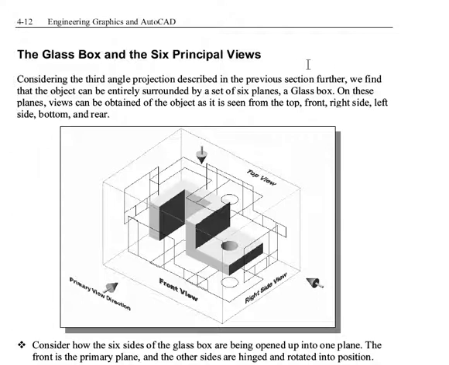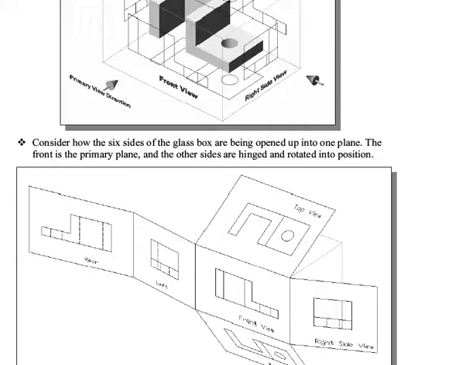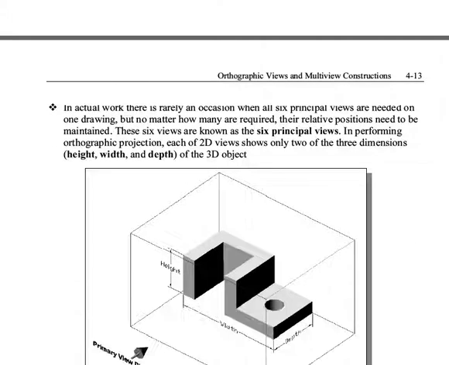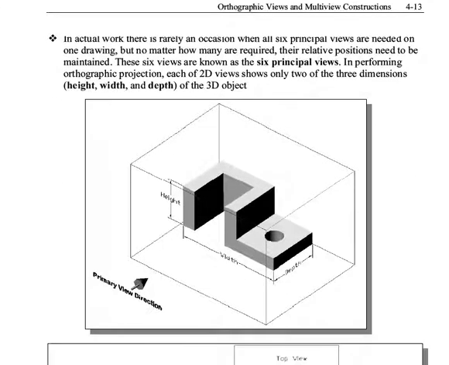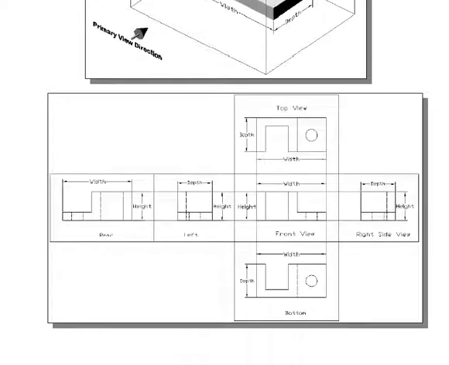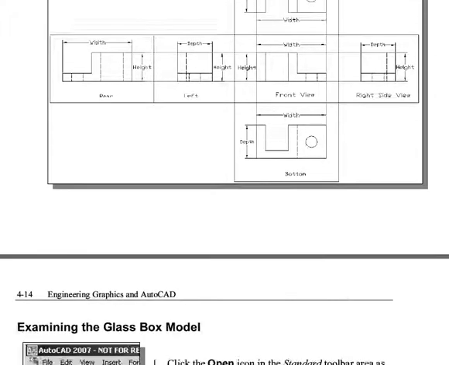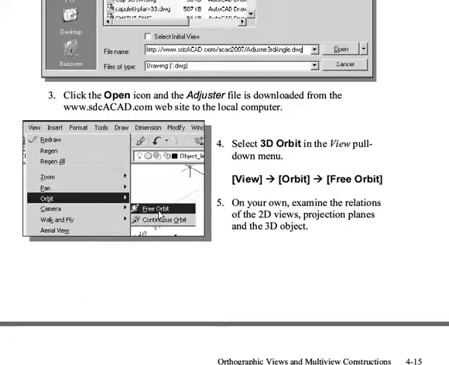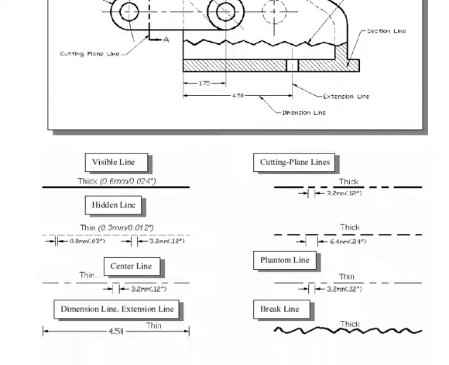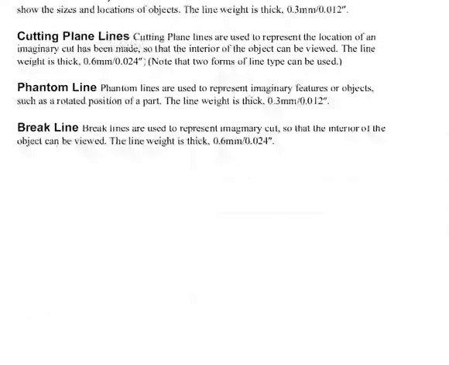Okay, these are the 6 principal views, and this front view is also on the frontal plane of projection, and we're going to see that here. And we see our width, our depth, our height. And this is the box unfolded. And these are the various line thicknesses.